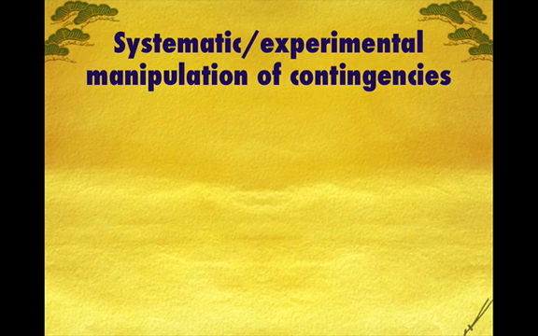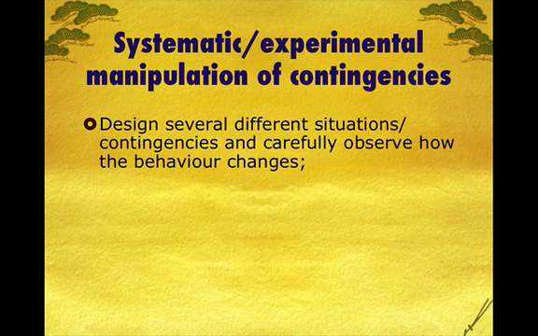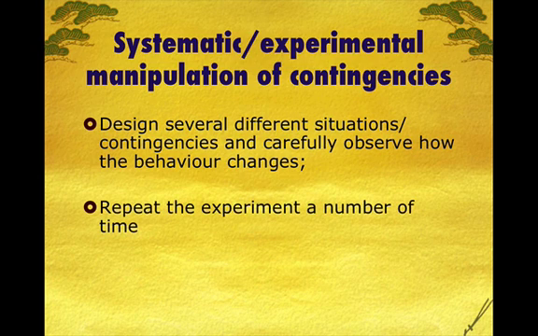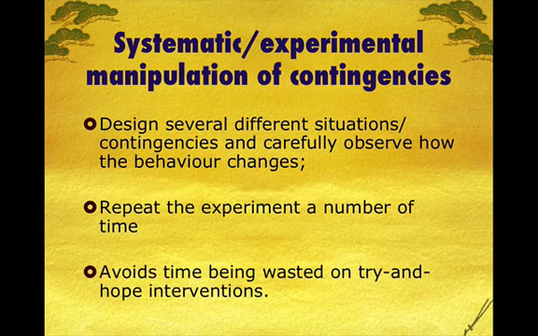through various ways. So when we use a systematic experimental manipulation of contingencies to find out which of these functions the behavior serves, we might design several different situations or contingencies and carefully observe how the behavior changes. And then we repeat the experiment a number of times so that we can be sure it wasn't just an accidental observation.